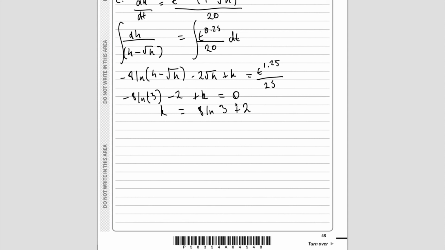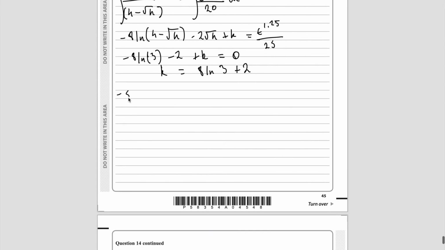So really what we can do then is just substitute that back into the formula. So we'll have minus 8 ln (4 minus root h) minus 2 root h plus 2 plus 8 ln 3, where this here is our k value, and that's going to equal t to the power of 1.25 over 25.